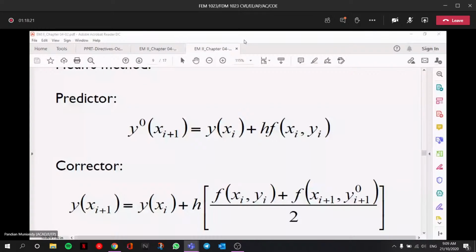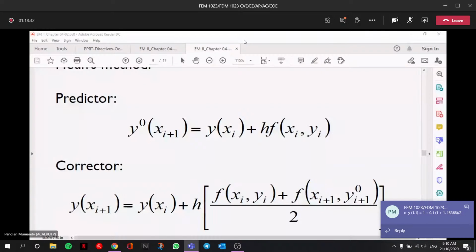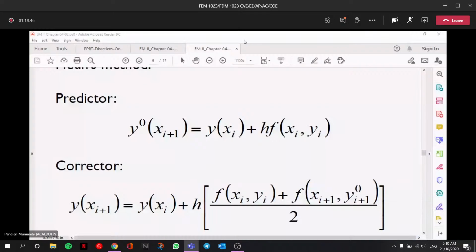And then this one you have to divide by 2. 1 plus 0.1 in the bracket, 1 plus 1.15368.